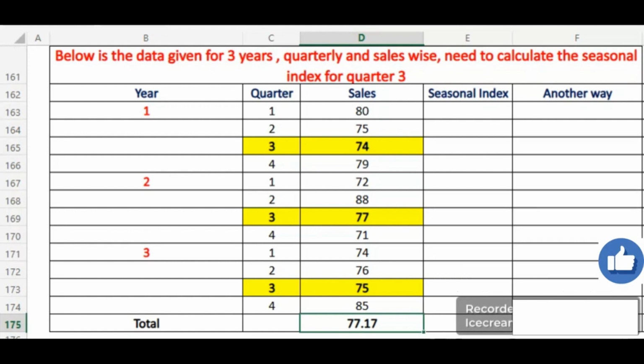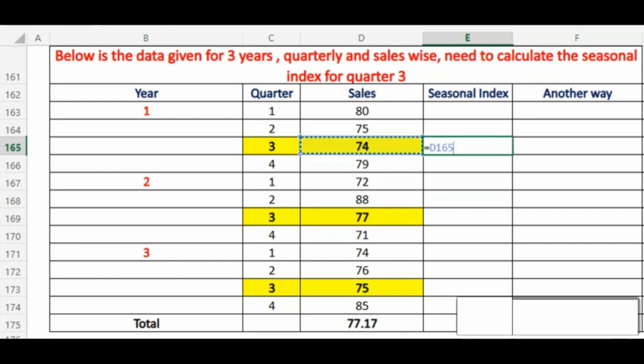So now let's come to the seasonal index, how we can find out the quarter three seasonal index. The simple formula would be your 74 sales we have in first year of third quarter divided by the total sum of all of the sales. So that would be your 95.90.